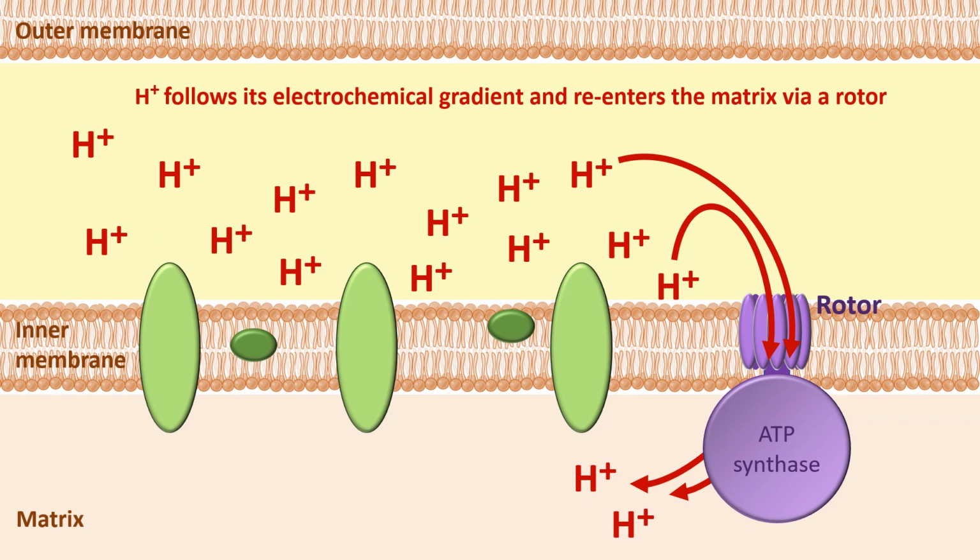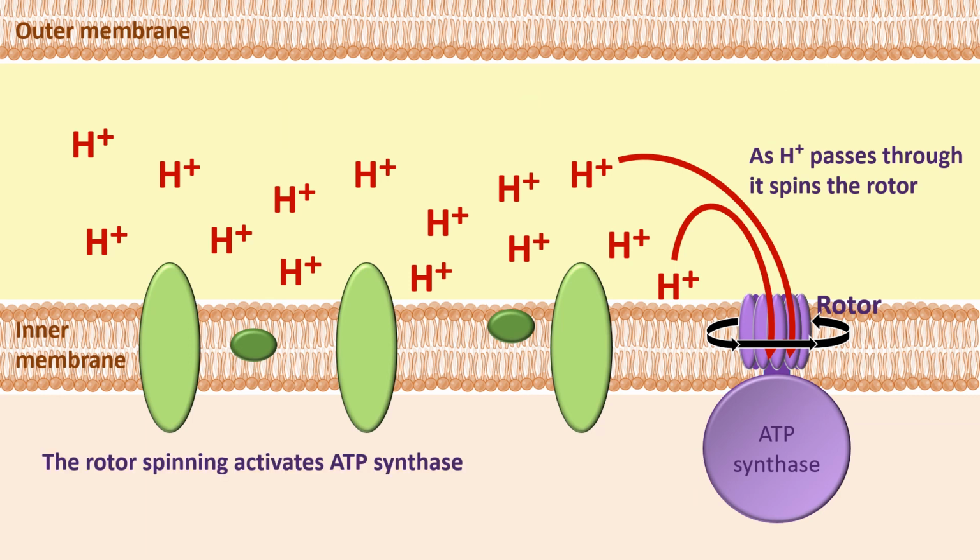As it goes through the rotor, it spins it. Really funky little mechanism. So as it's passing through, it's causing that rotor to spin. And the spinning of that rotor is what activates the ATP synthase. So ATP synthase is activated by the movement of H+ back through the rotor, which spins the rotor, which activates ATP synthase.